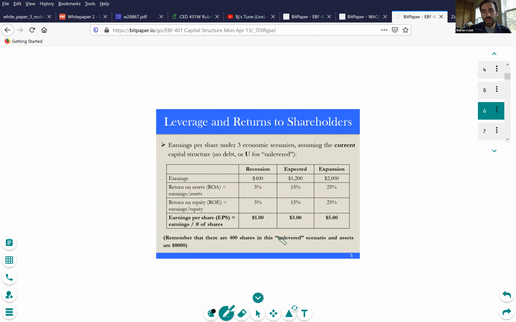And these also represented different numbers of earnings per share, which are cash that's able to be distributed to the owners of those shares, or the equity holders.